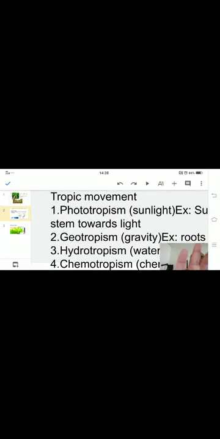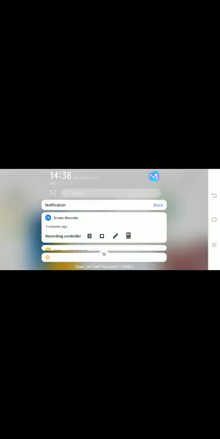Okay. The next one is geotropism. That means the roots move towards the earth, that is towards gravity. You can see here, a growth response which a plant makes with respect to a directional stimulus is a tropism. Here you can see the shoot system, which is present over here in green color.